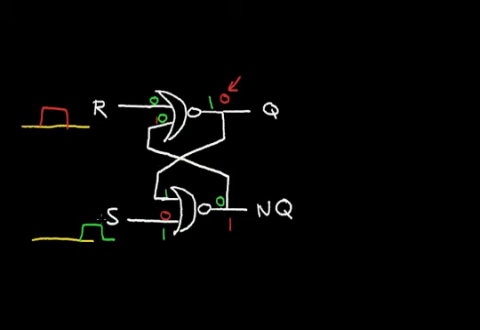So the set signal sets the output Q at a logic 1. So it's very similar to the NAND gate case, except the input polarities are inverted on the set and the reset inputs.